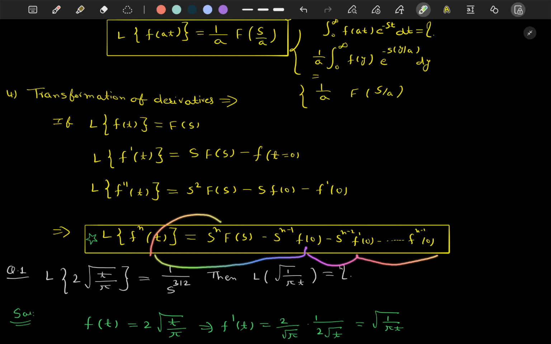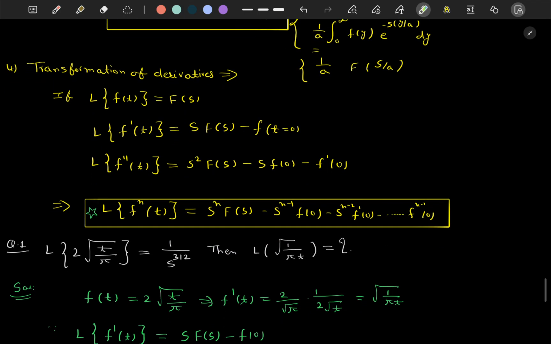Thus we can continue till the last, minus f to the n minus 1 of 0. Once again, first s raised to power n F of s, then s to n minus 1 f of 0, and then s to n minus 2 f prime of 0, and continue to the last moment.